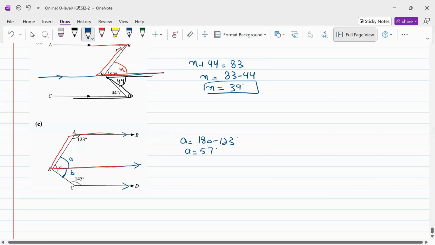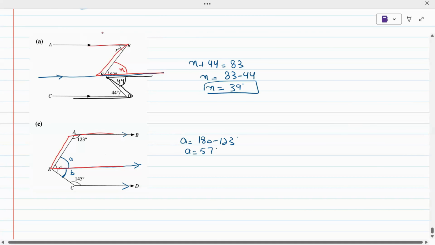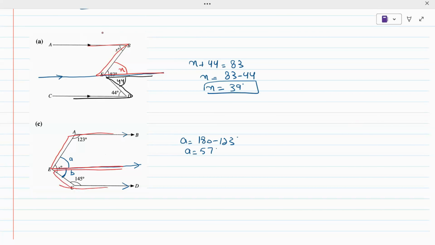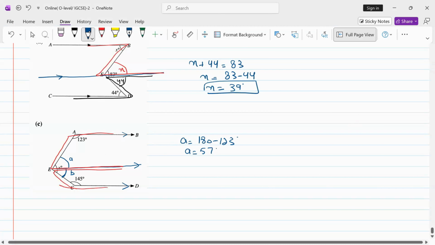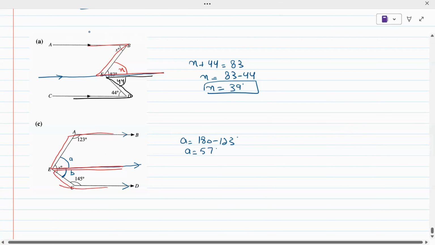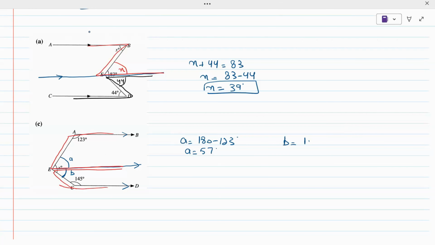In the same way, we can see another pair of parallel lines, which is forming another letter C. This one. And here we can find angle B. The equation to be made in this case would be B is equal to 180 minus 145, and B we get as 35.